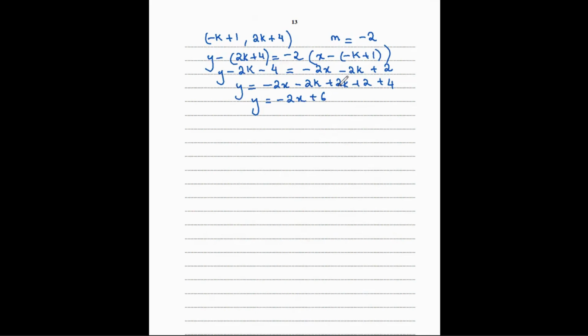That is the equation of the perpendicular bisector of AB.